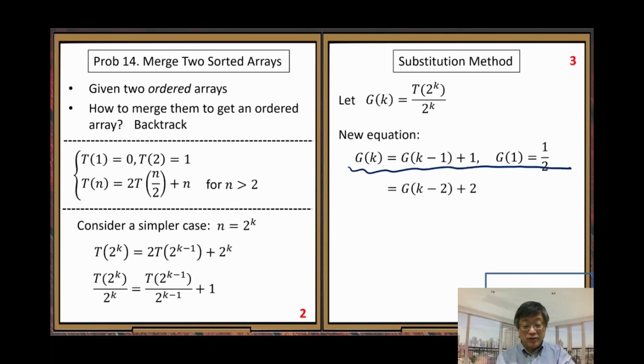Yeah, let us write another iteration. All right, substitution iteration. You can see we will get g of k minus 2, in parentheses, plus the constant term 2.